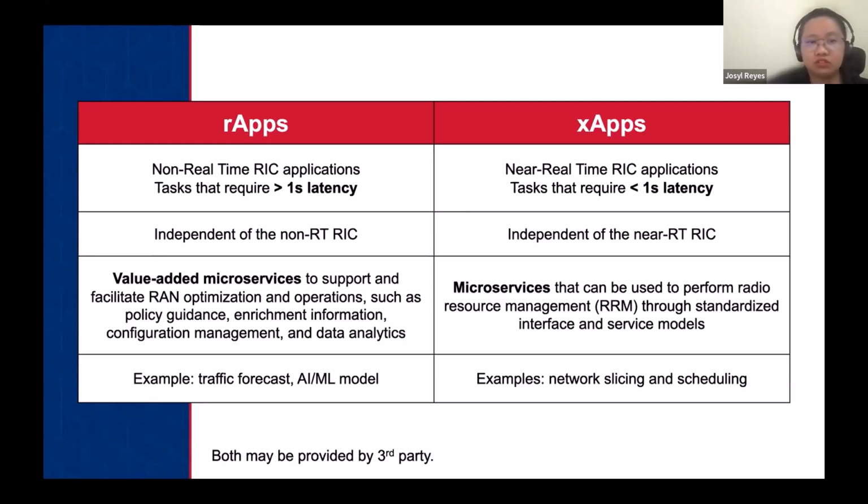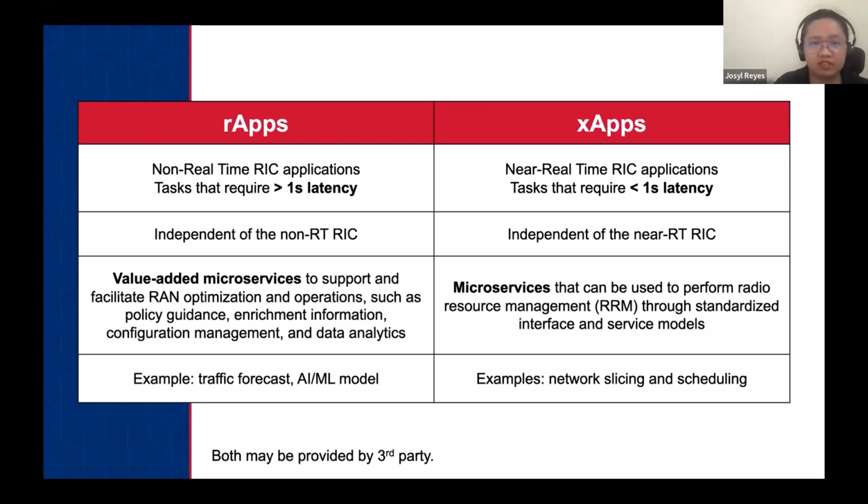For example, rApps can pertain to tasks that require traffic forecasting. To predict the behavior of network traffic, you need knowledge of past traffic, historical data, and you need to first generate the machine learning model and then apply it later.